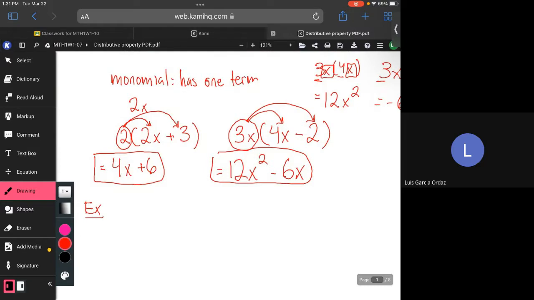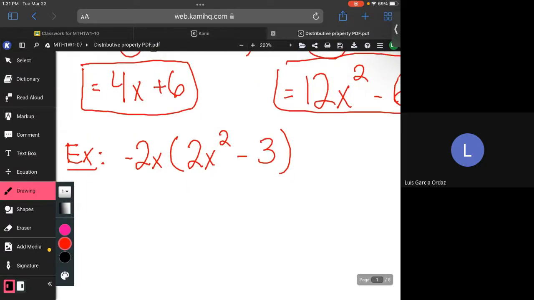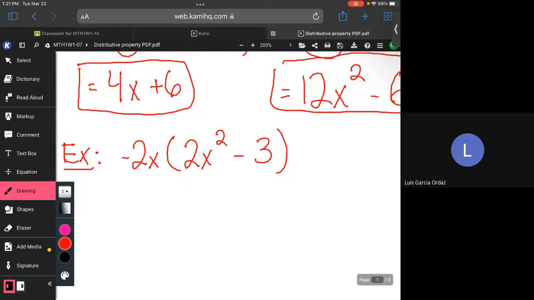So I'm going to give you guys one of my examples, or I'm going to make one up. Let's say I have negative 2x times 2x squared minus 3. Try to distribute that negative 2x into the bracket.